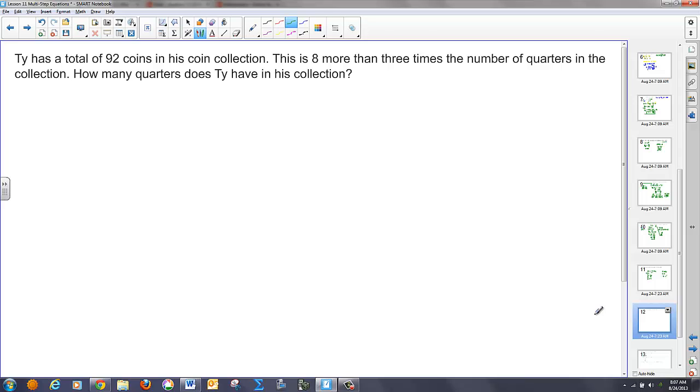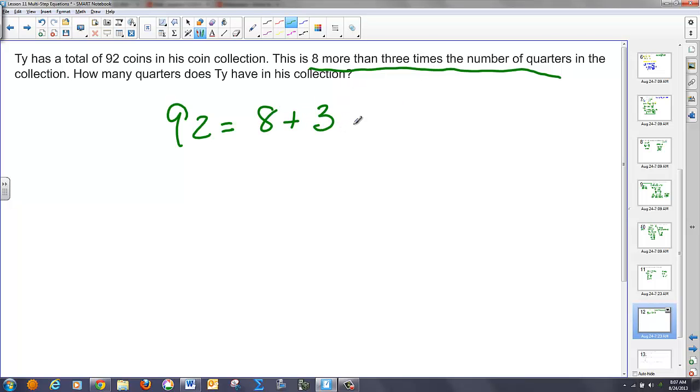Next problem. We have Ty has a total of 92 coins, and that 92 coins represents 8 more than 3 times the number of quarters he has. So that 92 is 8 more, so 8 plus 3 times his quarters.